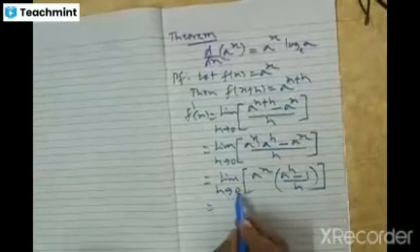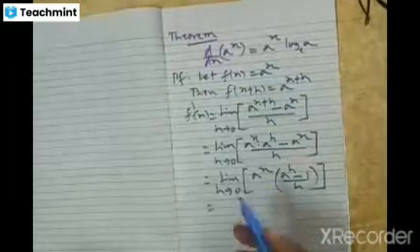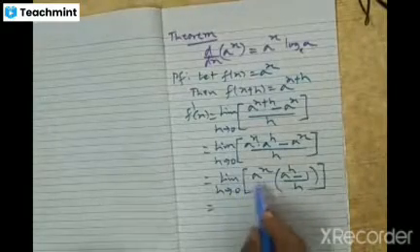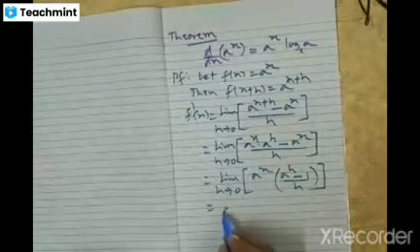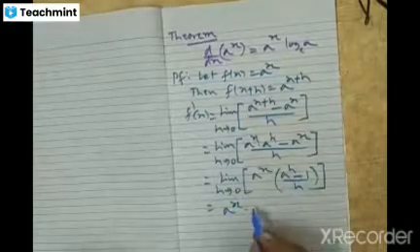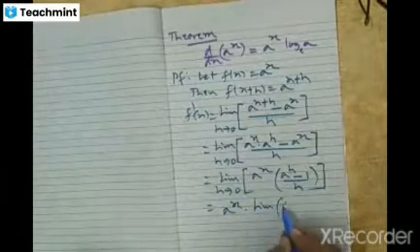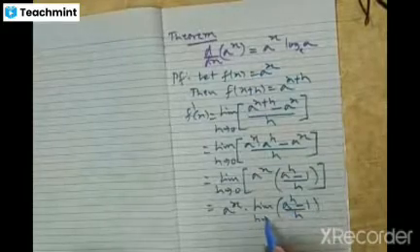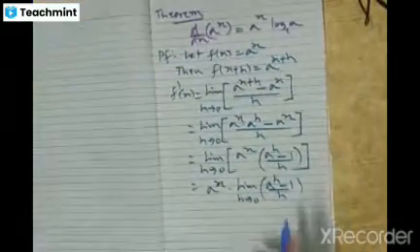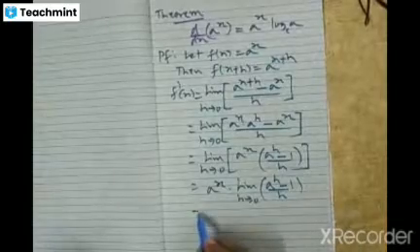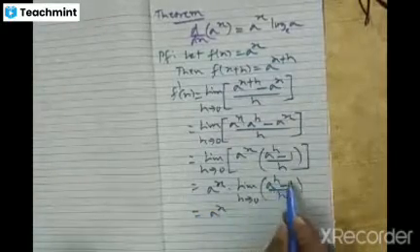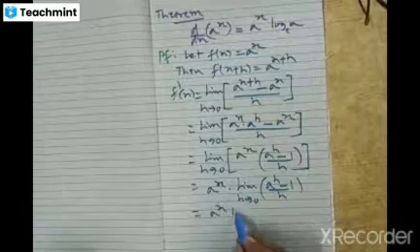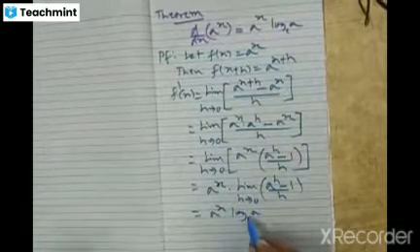So as h tends to 0, a power x remains same. Value of h doesn't affect a power x. So a power x into limit of a power h minus 1 by h as h tends to 0. This is one of the standard limits. We know that this limit is log a to the base e.